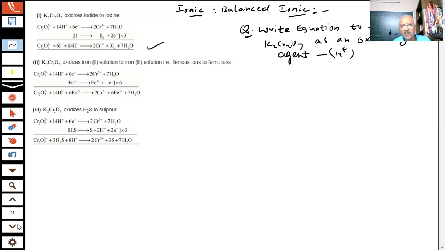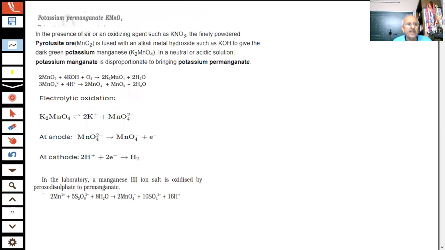I am proceeding further, students. The next important compound I am talking about is potassium permanganate. I said there are two important compounds, potassium dichromate and potassium permanganate. When I say KMnO4, students, that means K+ and MnO4-. What is the oxidation state of manganese here?